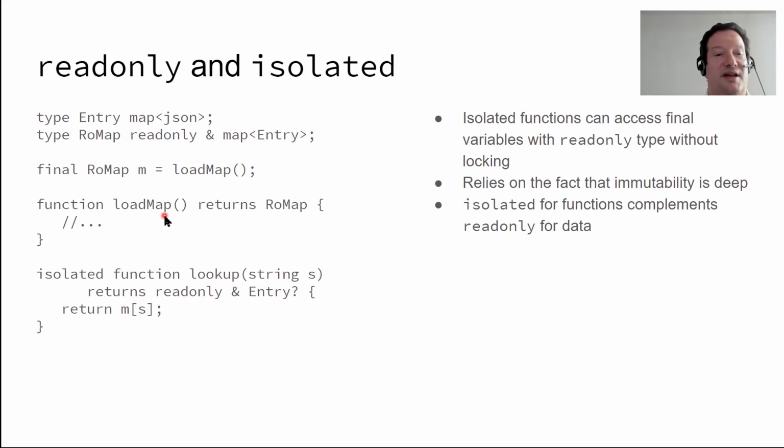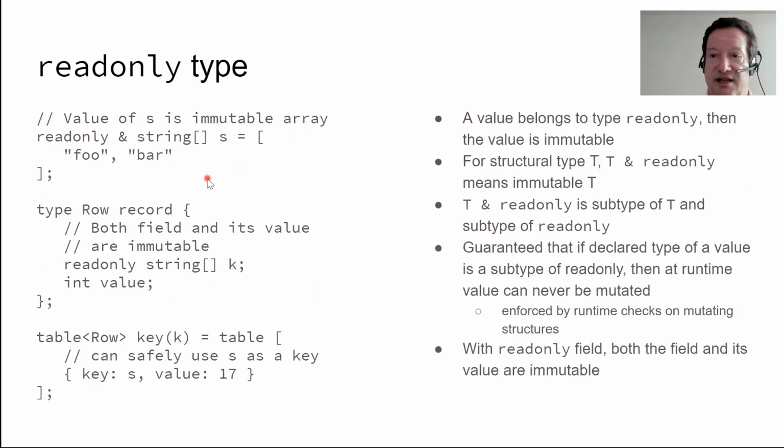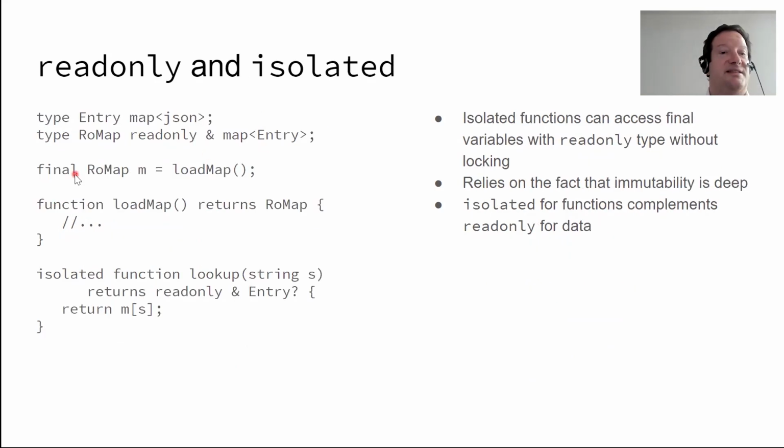Now, what's another thing you could do? So sometimes you'll get compile errors, but it's also possible to get runtime errors. I should mention here that if I say something is read-only string, that's a subtype of string, and it's a subtype of read-only. But this is another place where we're trading off safety for simplicity.